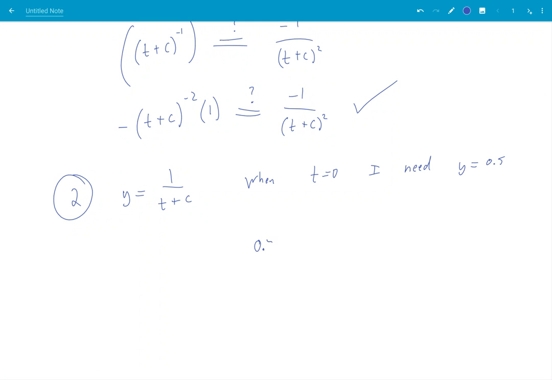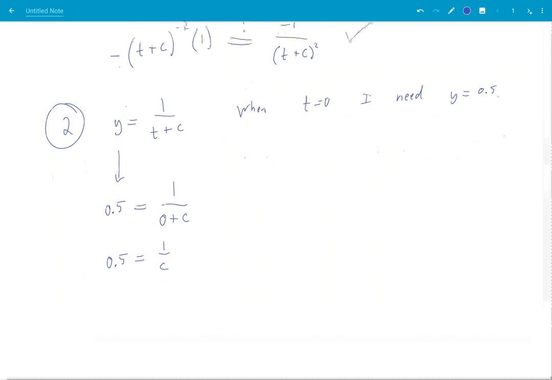So I get 0.5 for my y. I'll put it underneath here. 0.5 for my y must equal 1 over 0 plus c. So 0.5 has to equal 1 over c. So c has to equal 1 over 0.5. So c has to be 2.